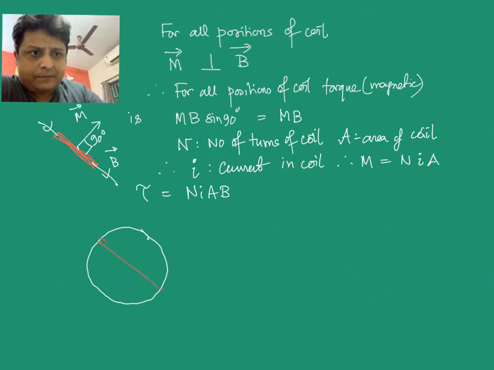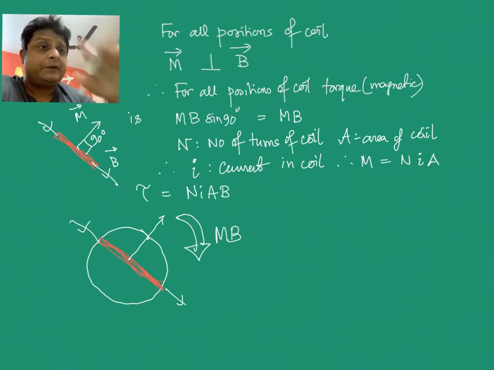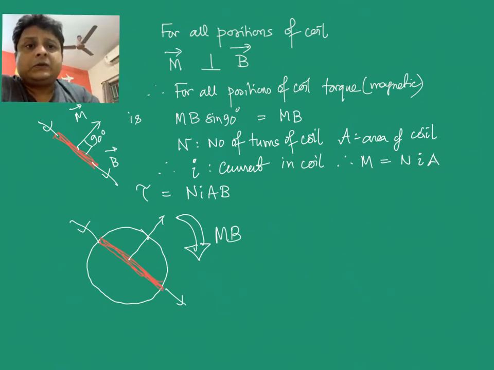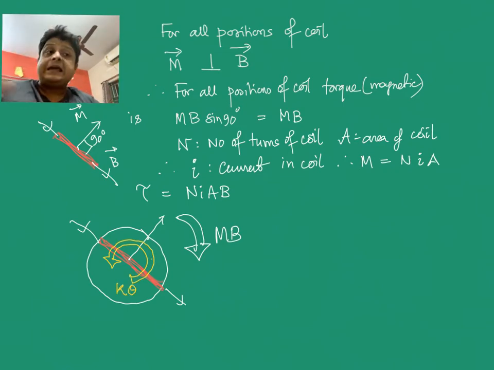So there is M cross B, this is the MB torque, and the hairspring also rotates. So due to that the torque is this way. That is K into theta, because K is the torsion constant of the spring, as I have told before.